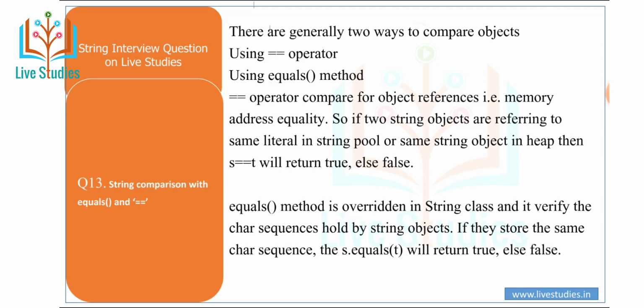So if two string objects are referring to the same literal in the string pool or the same string object in the heap, then s == t will return true, otherwise false. The equals method is overridden in the String class, and it verifies the char sequence held by the string object. If they store the same character sequence, the s.equals method will return true, otherwise false.